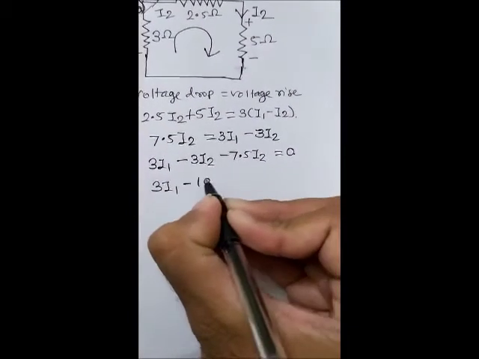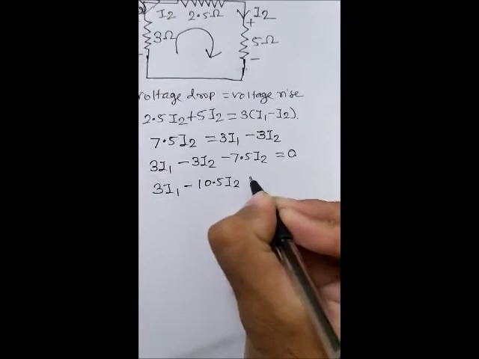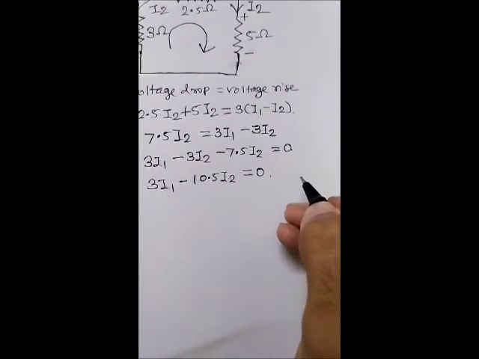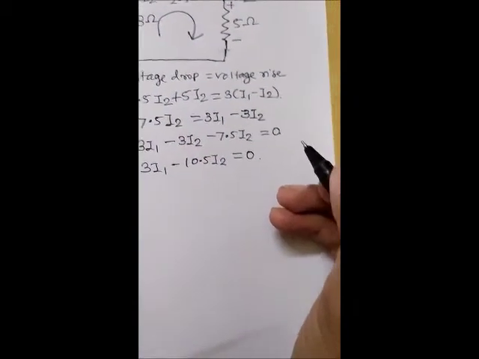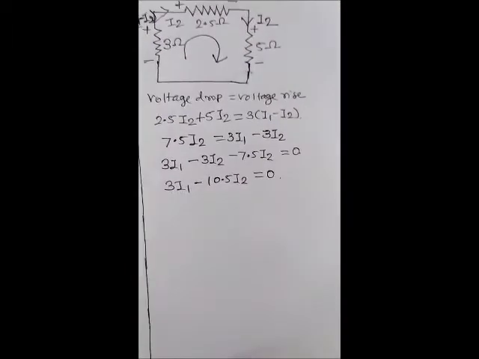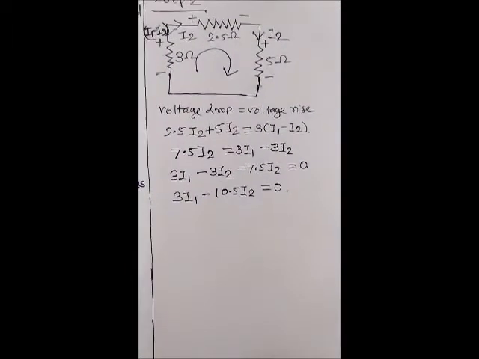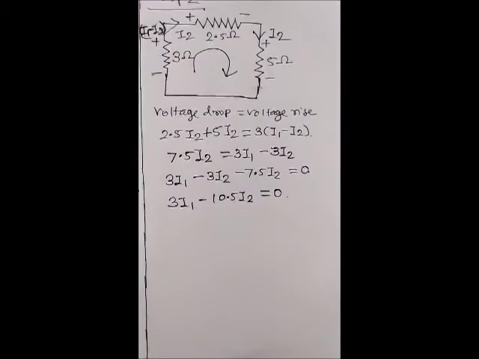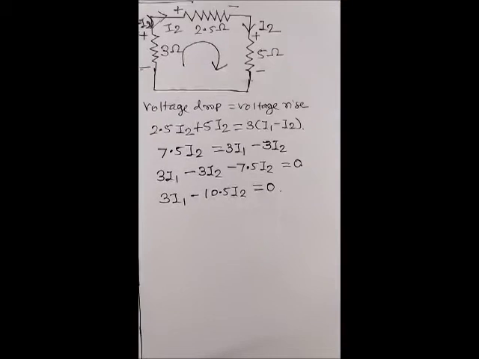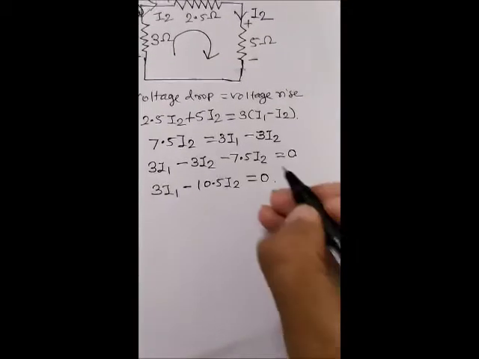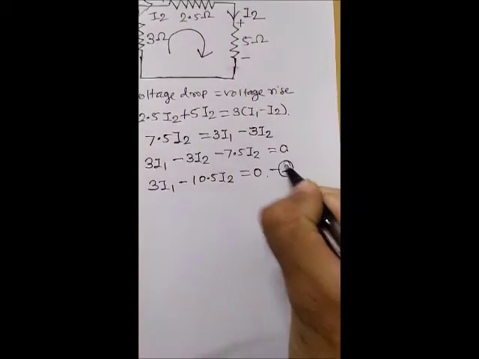It becomes 3 I1 minus 10.5 I2 is equal to 0. Now this is equation number 2.